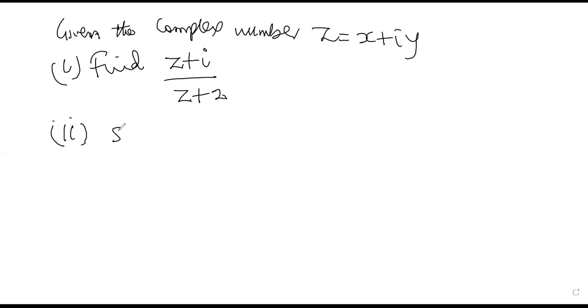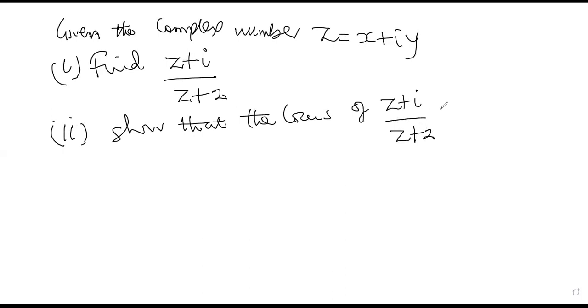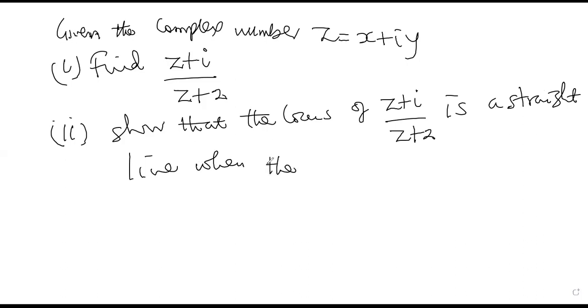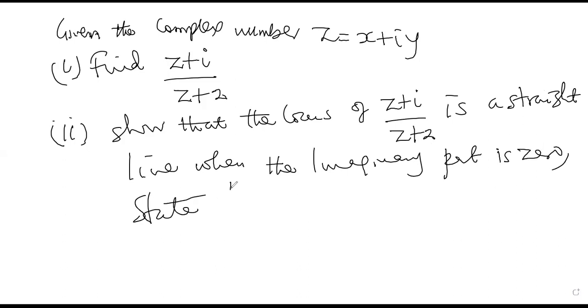Roman 2, show that the locus of (z plus i) over (z plus 2) is a straight line when the imaginary part is 0. State the gradient of the line.